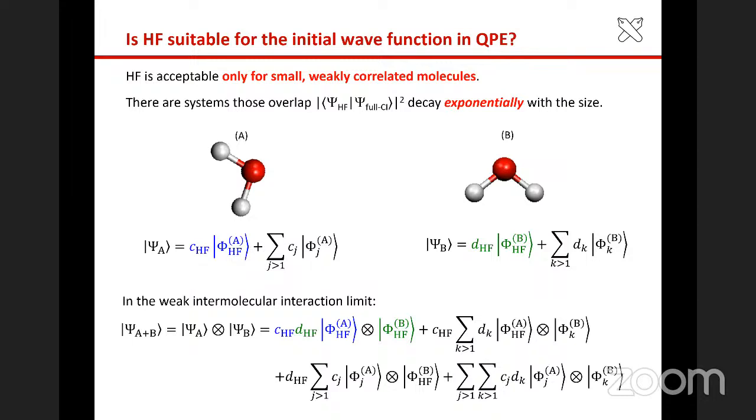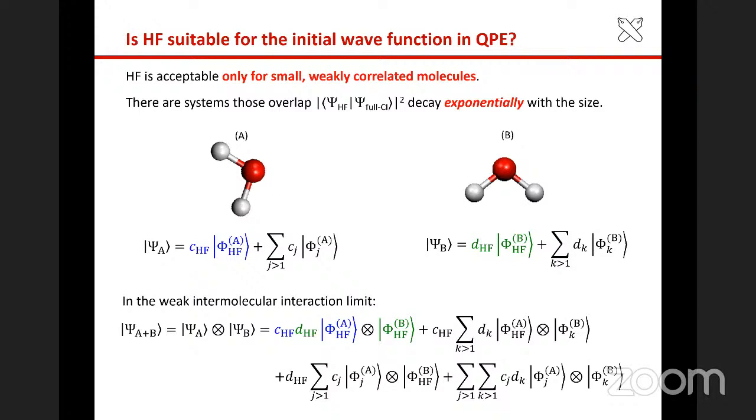If we have 10 water molecule clusters, you can easily assume that this becomes 0.9 to the 10th power. So we can easily expect that the overlap with the Full CI wave function decays exponentially with the number of water molecules.